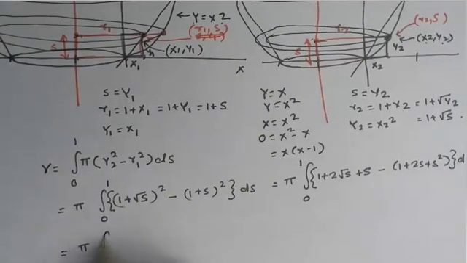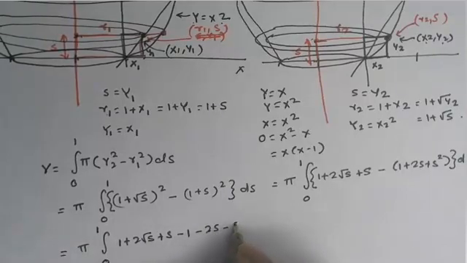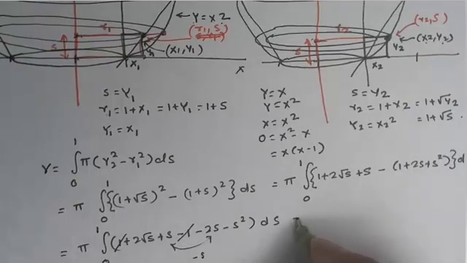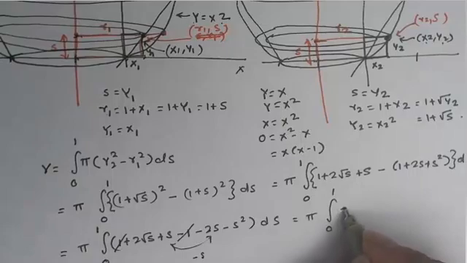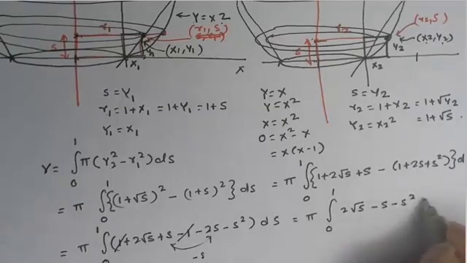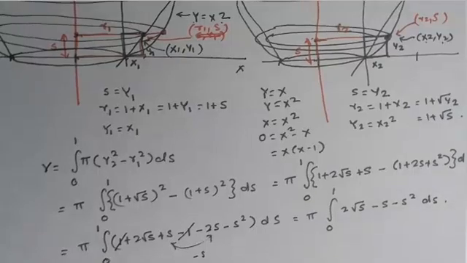So that's pi integral 0 to 1 of 1 plus 2 square root S plus S minus 1 minus 2S minus S squared dS. The 1 cancels with 1, minus 2S and S gives me a minus S. So this is pi integral 0 to 1 of 2 square root S minus S squared dS.